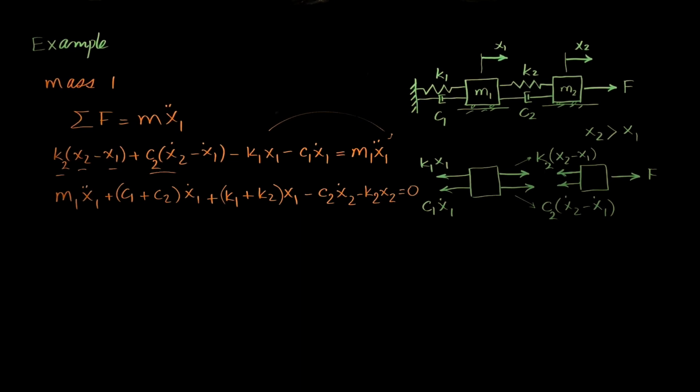The second equation of motion, this was for mass 1, so for mass 2, the second equation of motion is the sum of forces equals m2 x2 double dot, and we have a negative K2 x2 minus x1, and we have negative C2 x2 dot minus x1 dot.